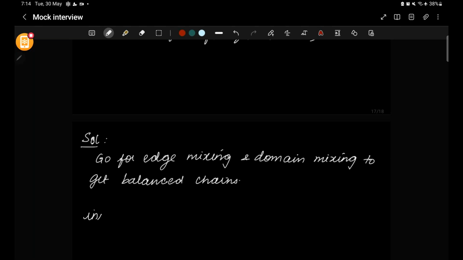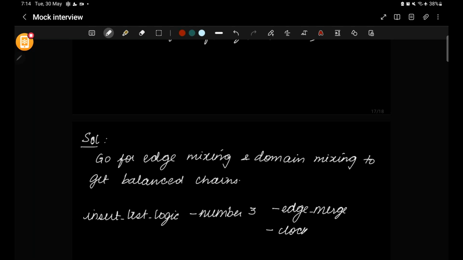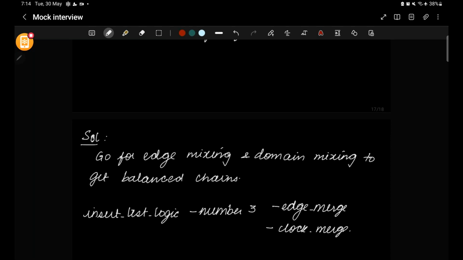If you give a command like this: insert test logic, hyphen number 3, hyphen edge merge, hyphen clock merge. So now it will allow for edge mixing and domain mixing.